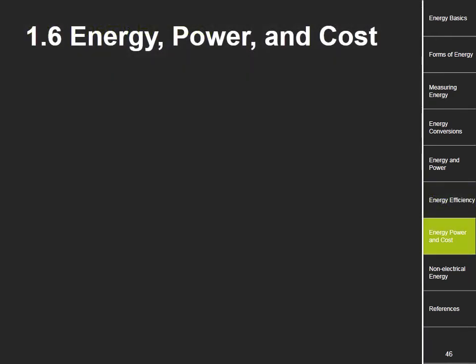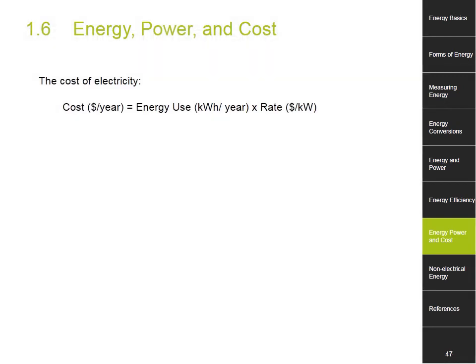Perhaps the most important relationship to understand when performing an audit is the relationship between energy, power, and cost. Given that we are concerned with promoting the efficient use of electricity to save money and reduce pollution, let's look at how energy efficiency relates to the cost of electricity.